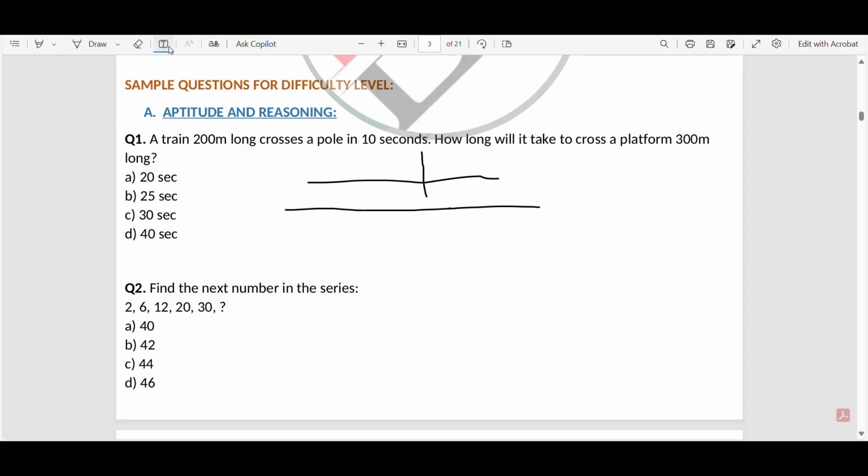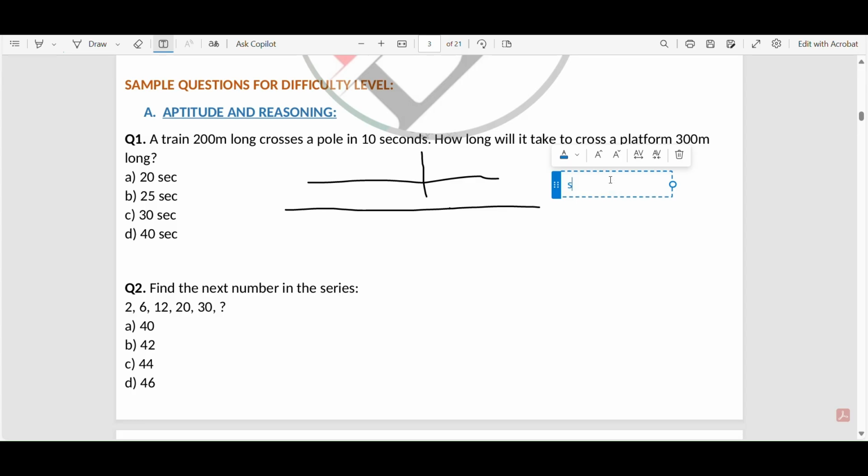So that is the question. The length of the train is 200 meters, and it crosses the pole in 10 seconds. And what is the time it will take to cross a platform which is 300 meters? Okay, that is the question.